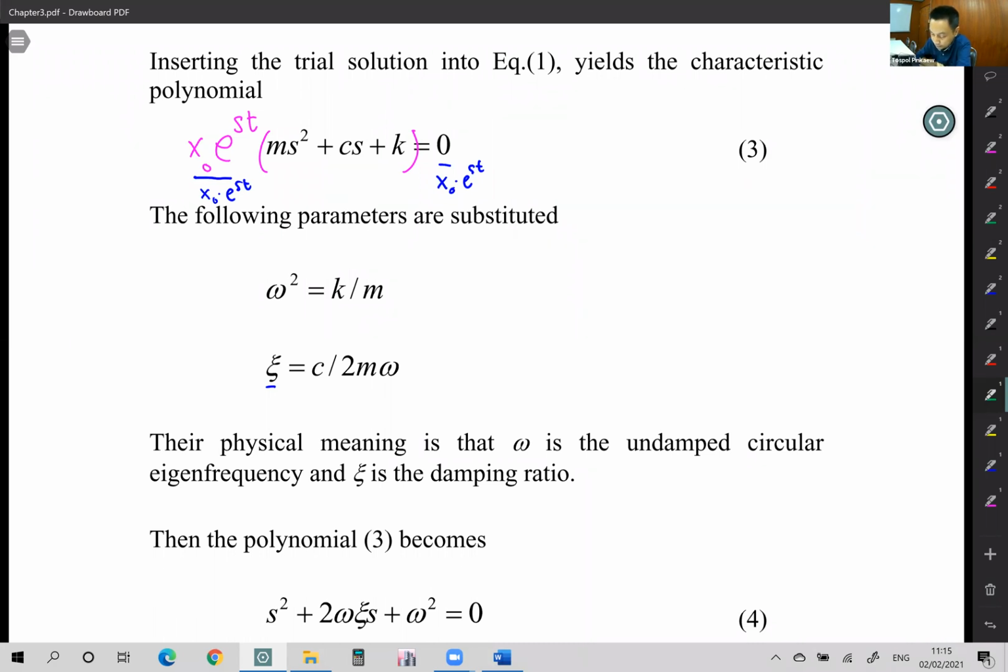Omega is square root of k over m. Many times I remember this instead of omega square, right? Many people prefer to say omega is equal to square root of k over m. And psi is c over 2 m omega.